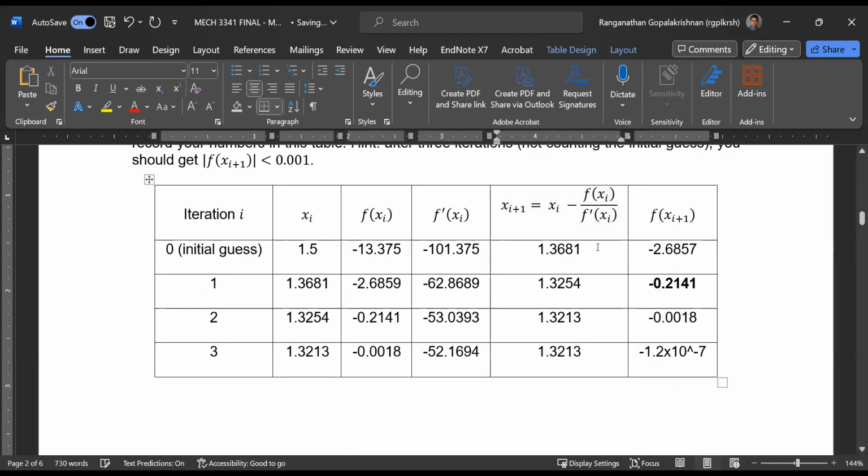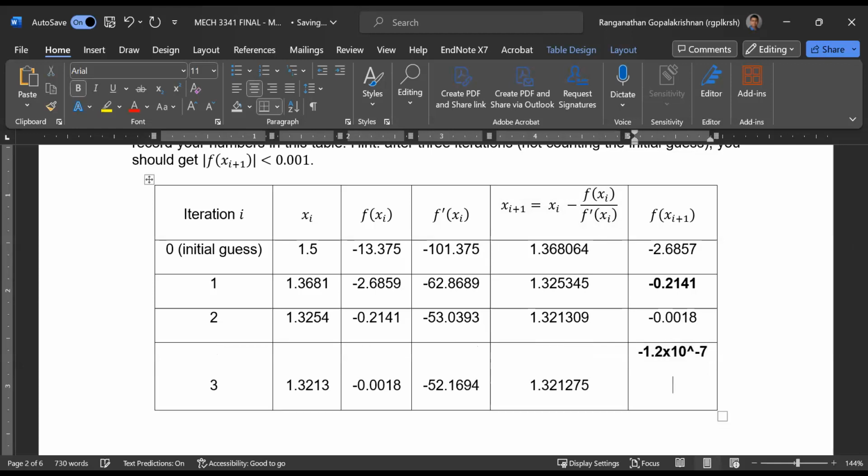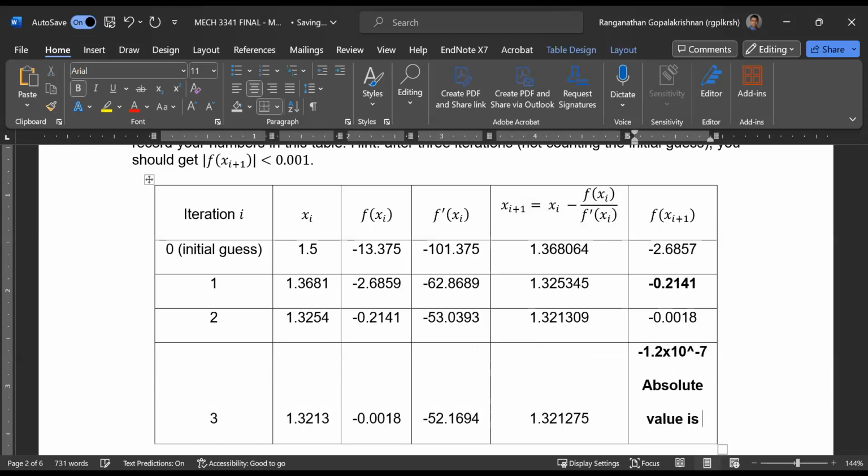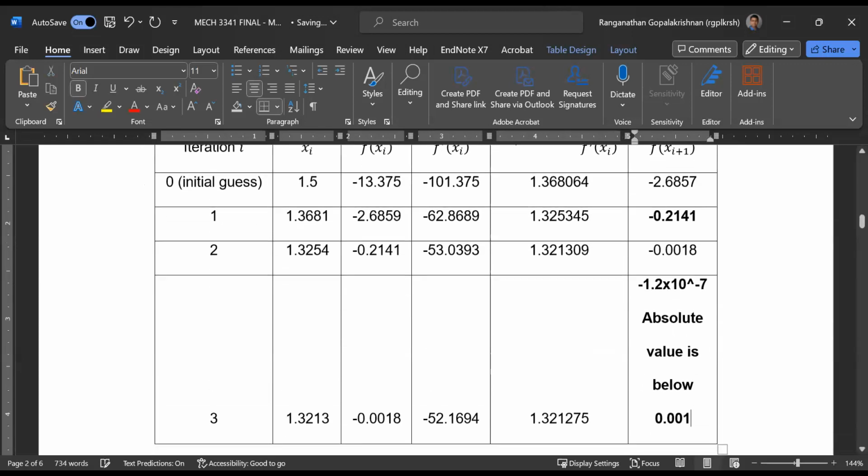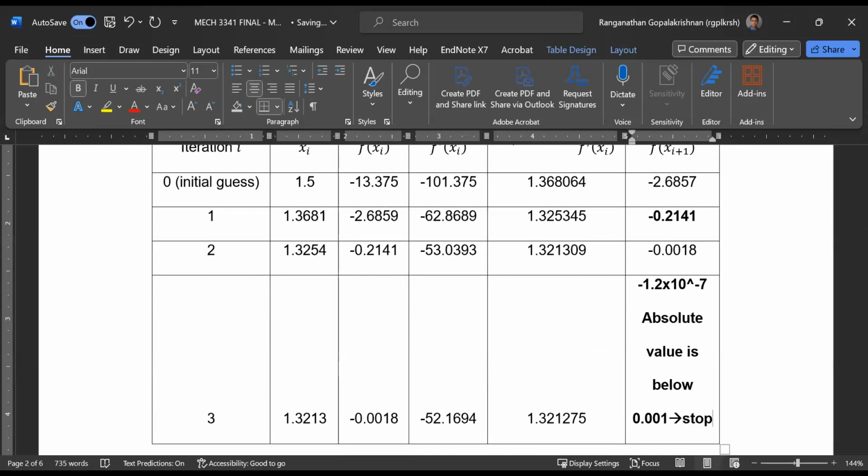So here, this number has gone below, I'm sorry, its absolute value is below 0.001. So you may stop.